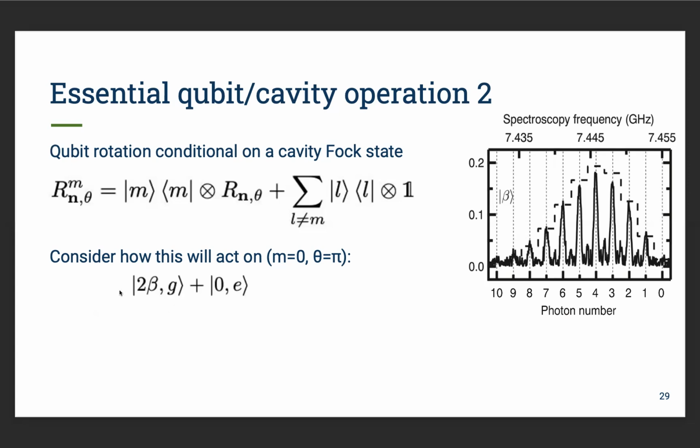So nothing will happen to this component when we act on it with this operator. But when we act on this part of the state, because we're in the right Fock state, the qubit state will be rotated by pi, and it'll rotate us into the ground state, which looks like this. And what's important about this is now we're in a separable state. So we've disentangled the cavity and the qubit with this operator.